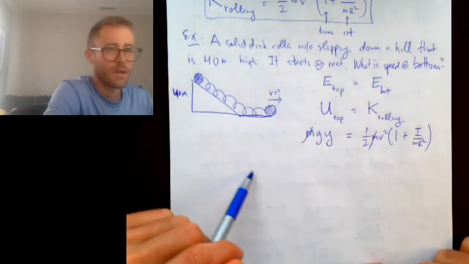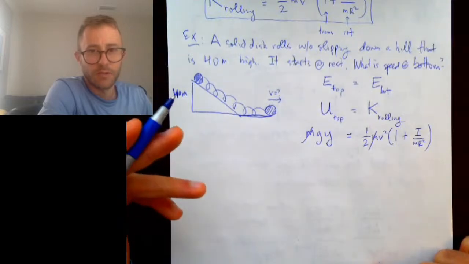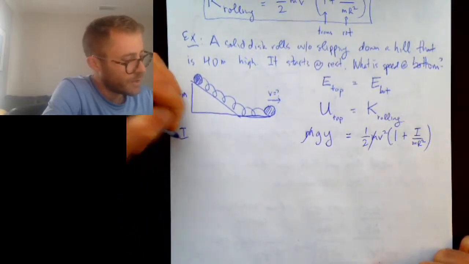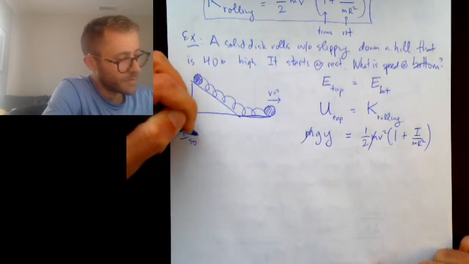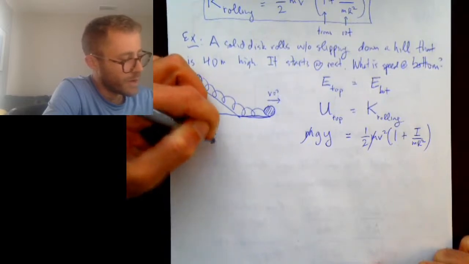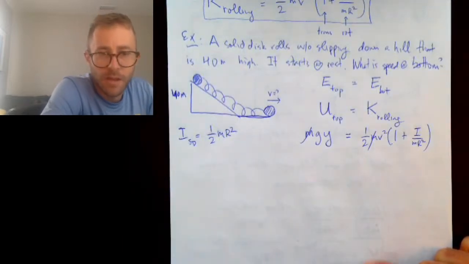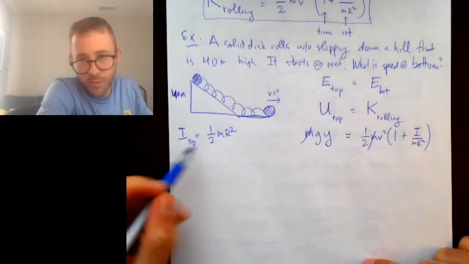Here's the thing. The inertia of a solid disk is given by 1/2 mr squared. That result comes from calculus. This is not a calculus-based class, so I would just give you that result.